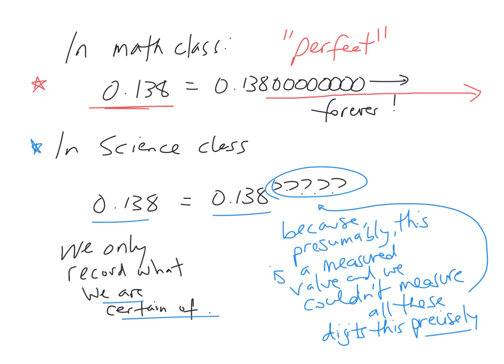So in science, when we write 0.138, we mean 0.138. We don't know what's after it, and we can't just add zeros forever. It's the real world, not the perfect world.